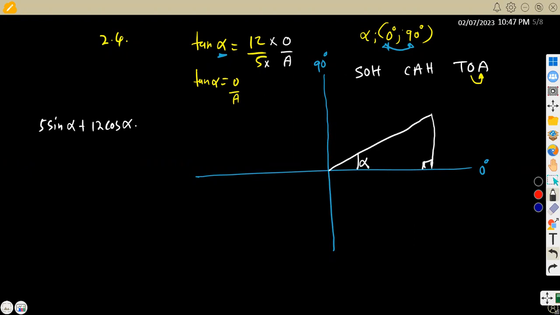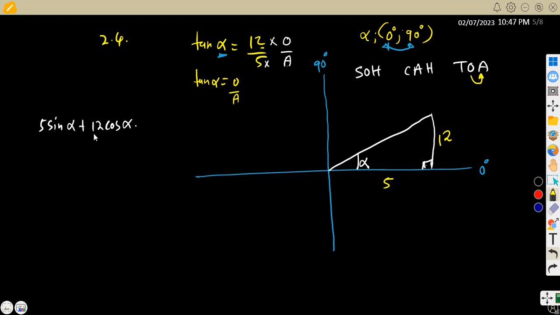According to this angle alpha on the diagram, which side is opposite to alpha? The opposite side is this side here, which is 12. The adjacent, where we have the 90 degrees and the angle sitting next to each other, is the side 5.